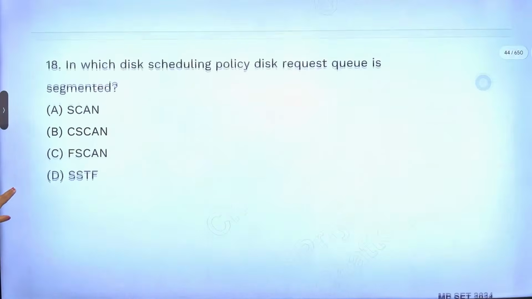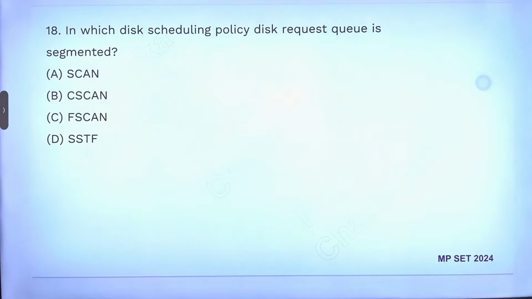Now next, in which of the following disk scheduling policies is the disk request queue segmented?